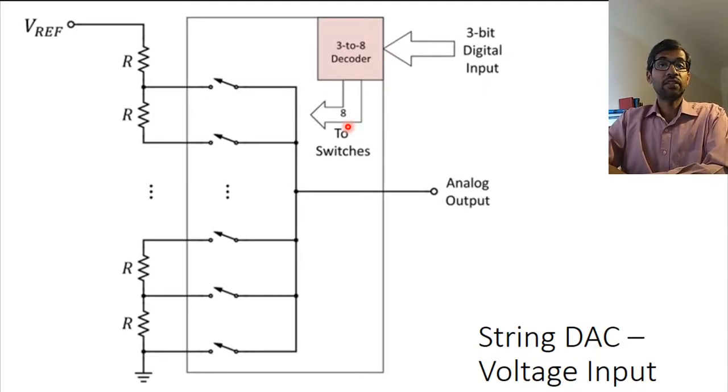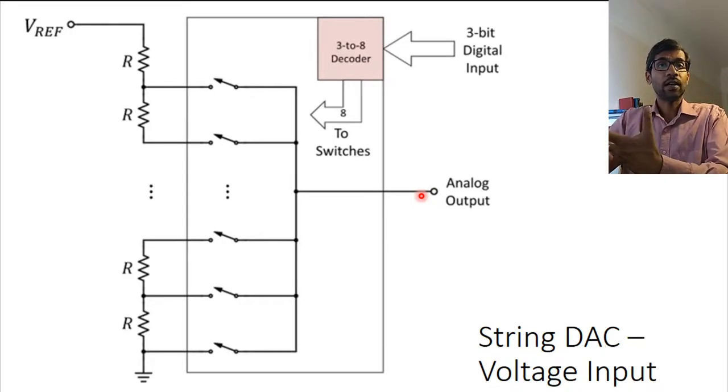It just converts it into a 1 to n code, which means that if the number is 1, then out of the 8 bits here, the first bit is high, and therefore this switch would close, and this voltage would appear at the analog output. If the digital input is 0, then the 0th bit is high, and therefore this voltage goes into the analog output, and so on. So that's how a string DAC works.